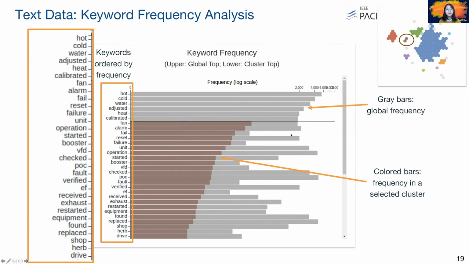For example, if we select this brown cluster in the projection view, the gray bars will show the global frequency of the top keywords, and the brown bars will show the frequency of the corresponding keywords in this selected brown cluster.